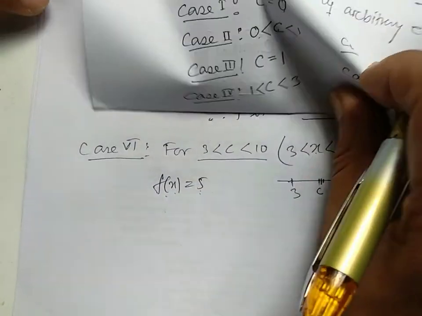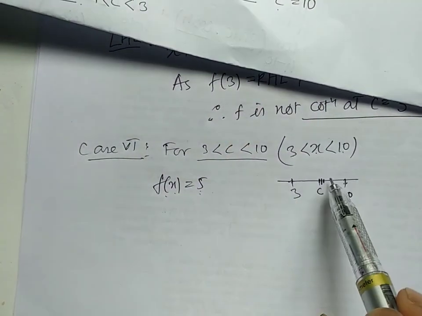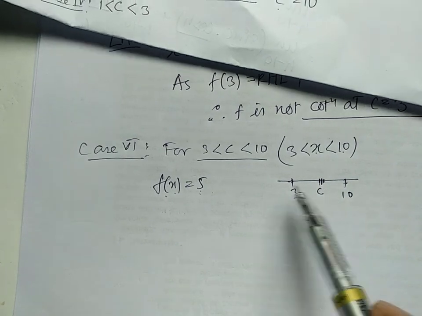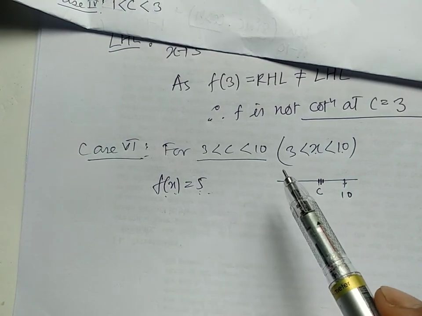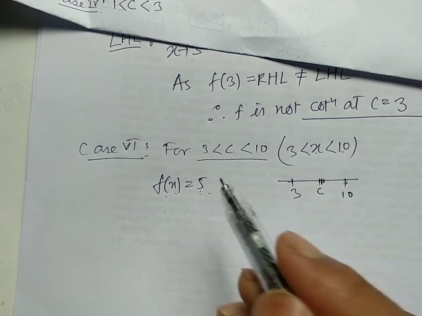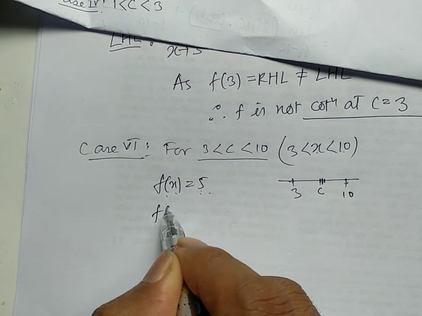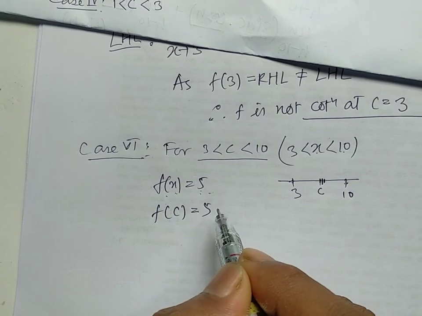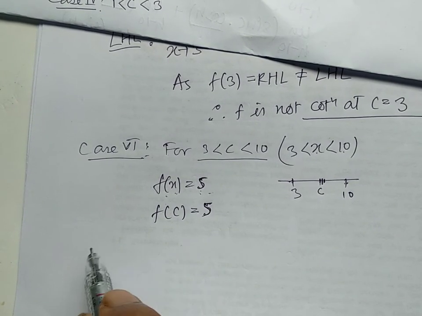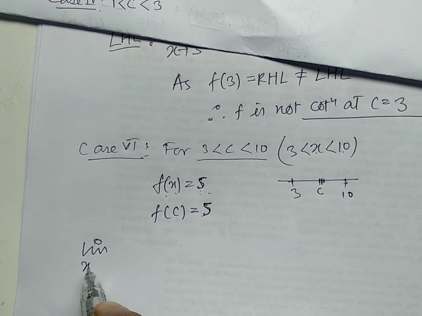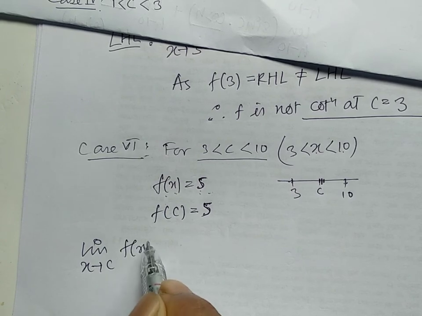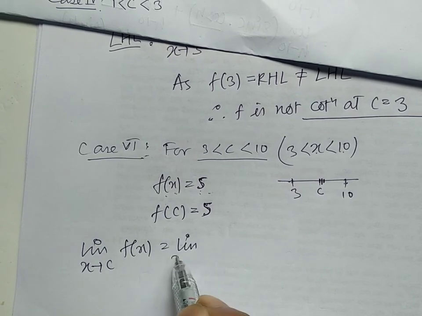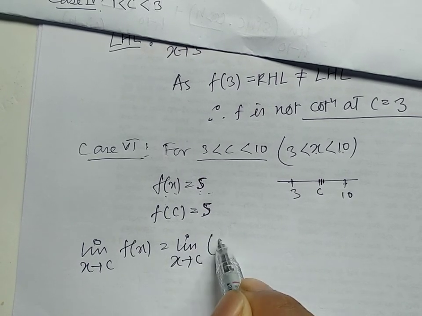So as for right hand limit and left hand limit, for all those cases the functional value is the same, so we will not try to find out the right hand as well as the left hand limit. So what is the value of f of c? f of c is equal to 5. Then directly we will find the limit x tends to c f of x, which is equal to what? 5.